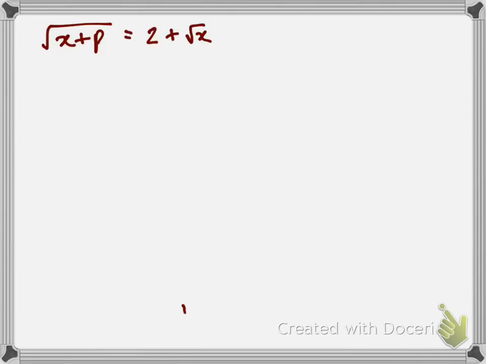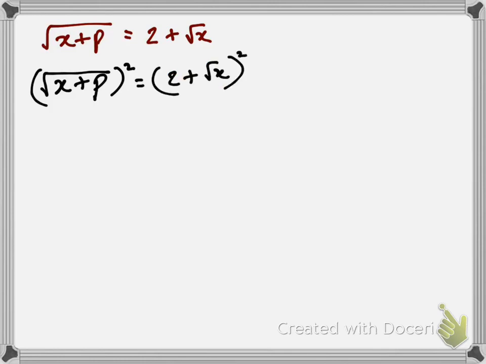All right, so having a look at the second equation on another page, it's written such that we can actually square both sides at the moment and reduce the square root on the left hand side and see what we can get on the right hand side. So if you go x plus p square root squared equals 2 plus root x squared, both are perfect squares as you can see.